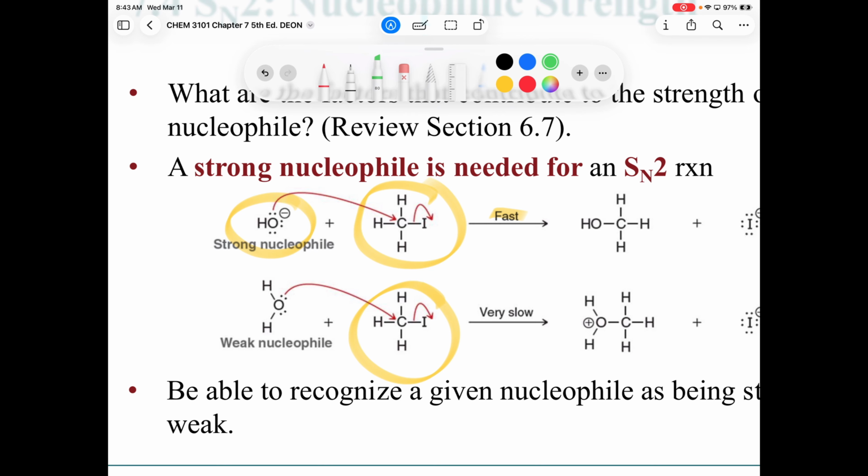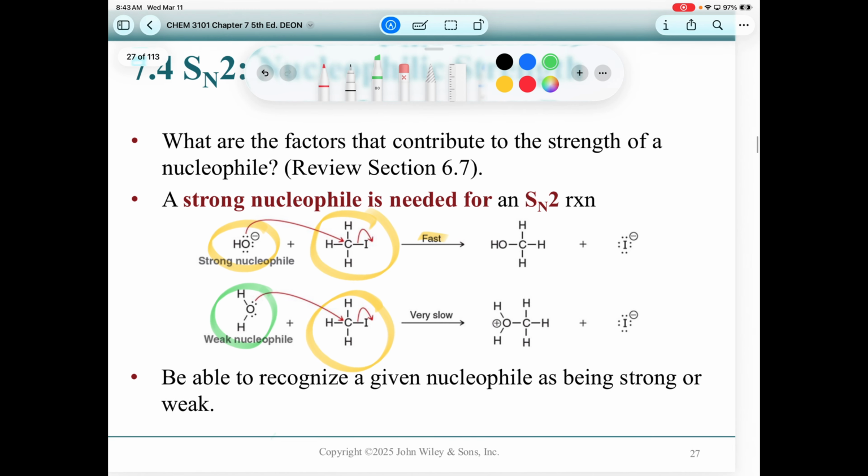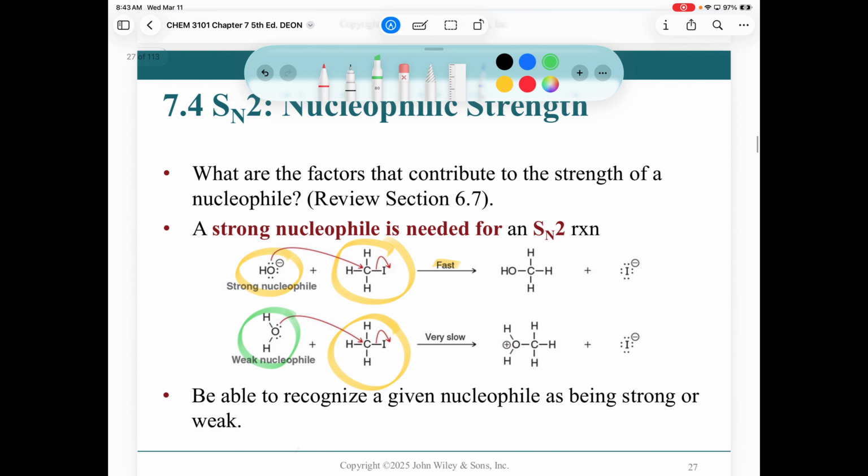And then somebody's like, oh, water? Are you kidding me? Water's not a good nucleophile. That's a terrible nucleophile. One of these reactions is going to happen really quickly. It's going to be a good reaction. We'll make an alcohol. This is methanol. Whereas the other one, you just look at that like, that's no good. I can't do anything with this. Give me something I can work with here.